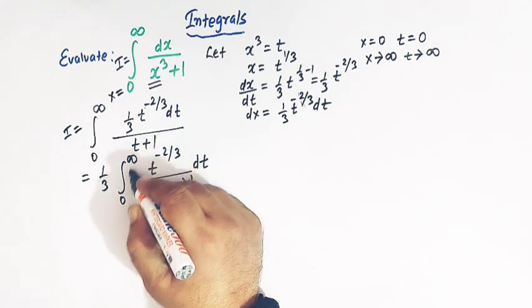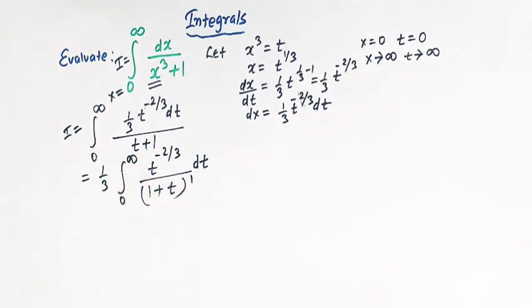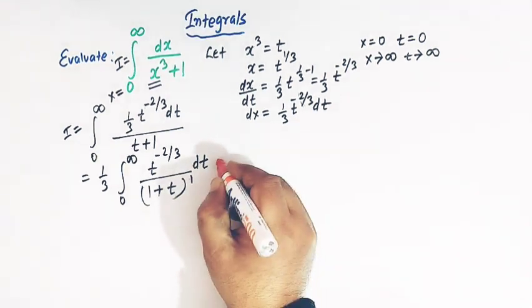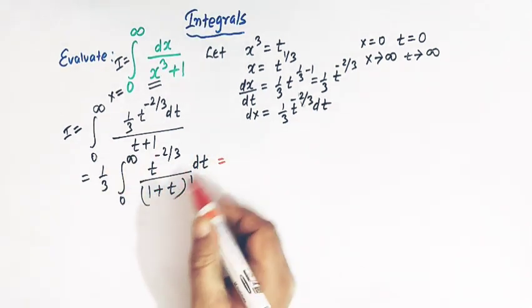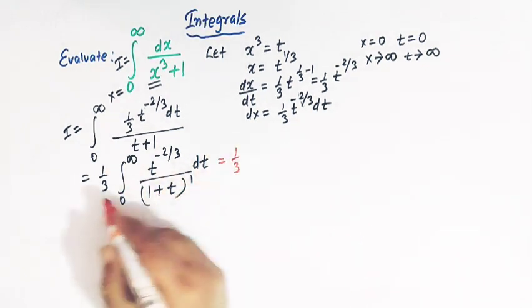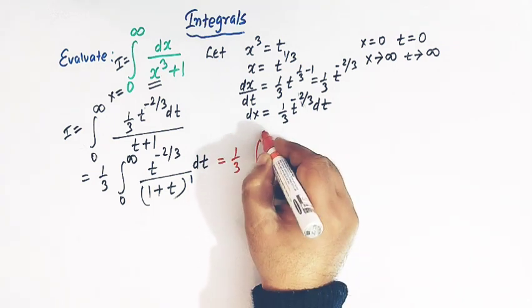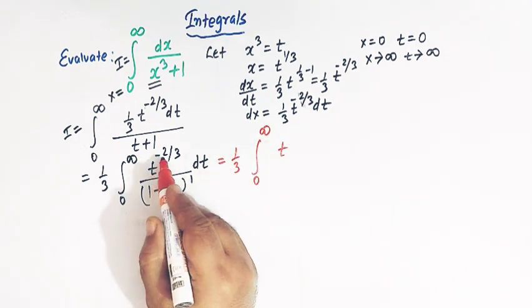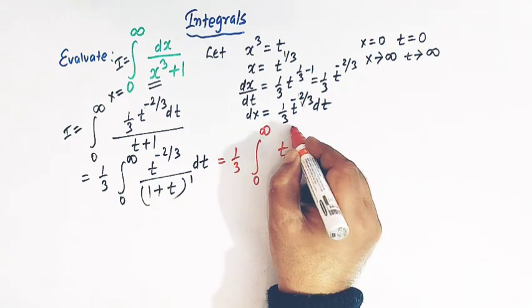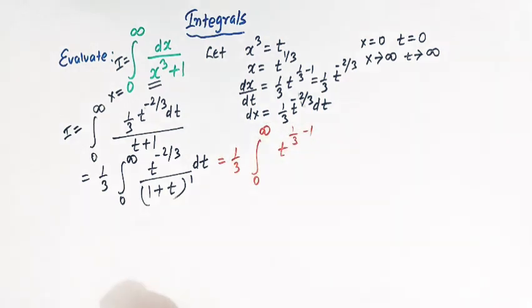So now we'll convert this integral into the beta function. So now see, we can rewrite this integral as 1 over 3, 0 to infinity. Now t raised to minus 2 by 3 can be written as t raised to 1 by 3 minus 1, right?